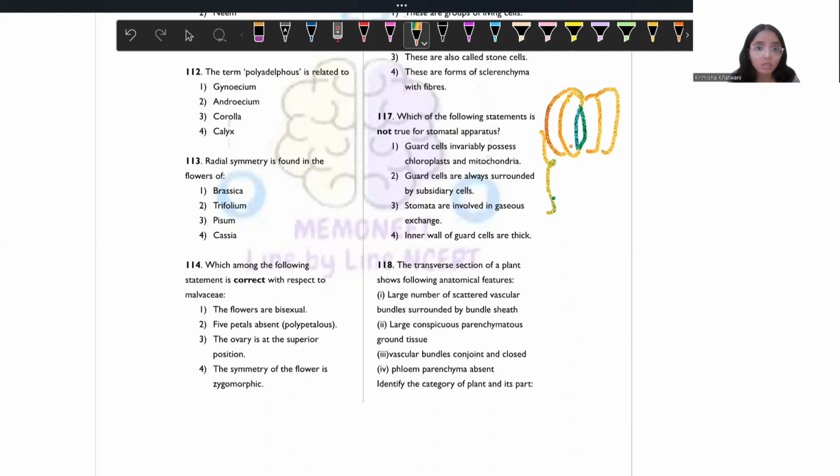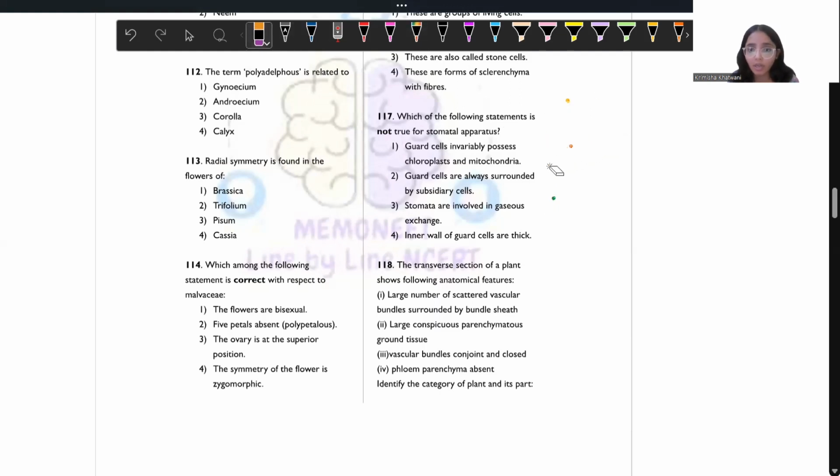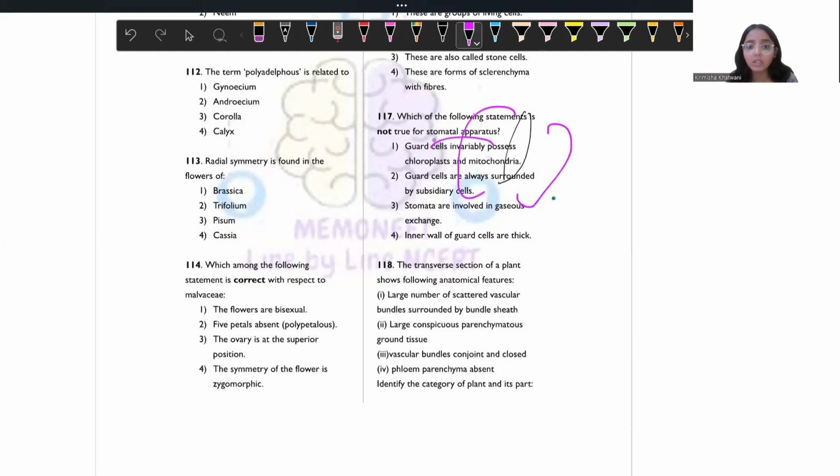This looks like a flower. It's a very bad drawing I do. So this is stomatal opening, guard cell. This can be dumbbell shape. So stomatal opening covered by guard cell. They have chloroplast and mitochondria, of course.